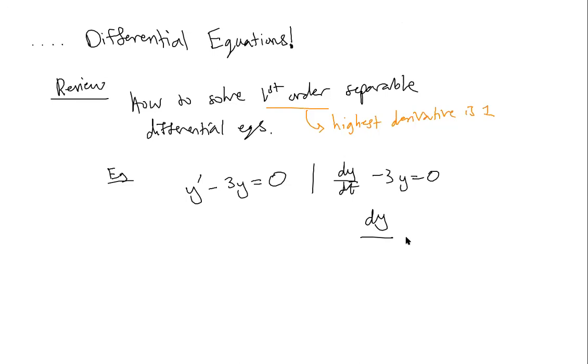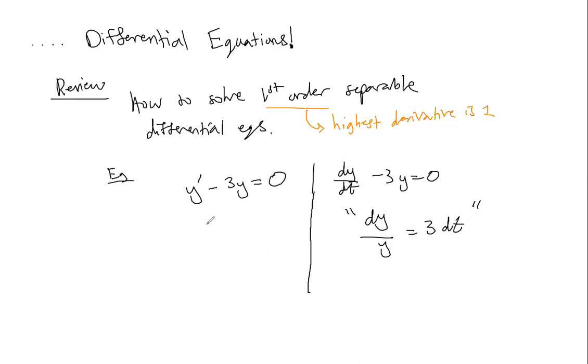I'm gonna put this in quotes because this is really a function, and it doesn't really make sense to do this. But for some reason, we teach it this way.